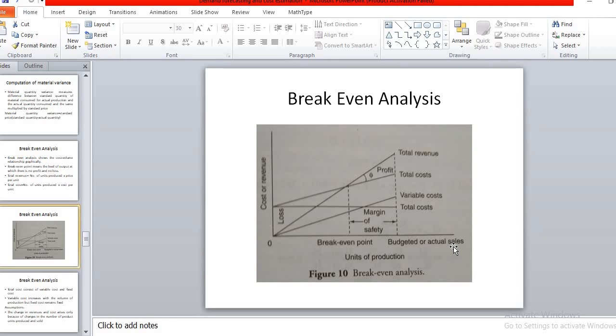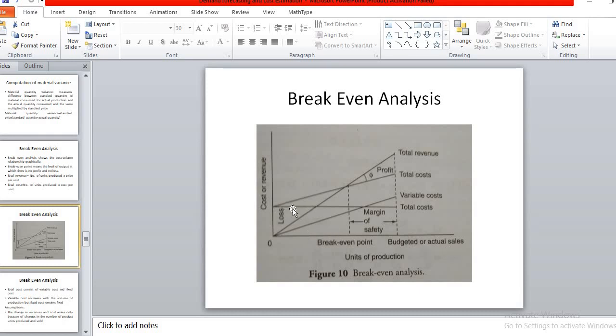Now, in the last video we discussed fixed cost, variable cost, total cost, marginal cost. So these costs will appear on that graph.